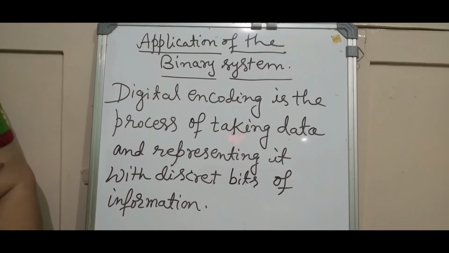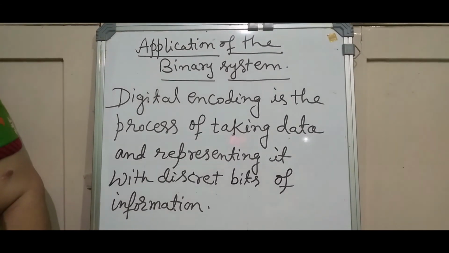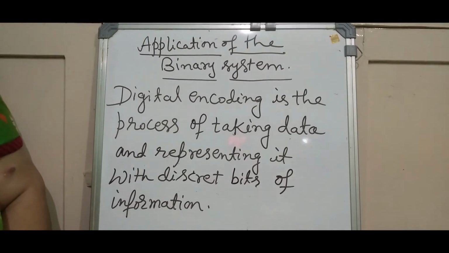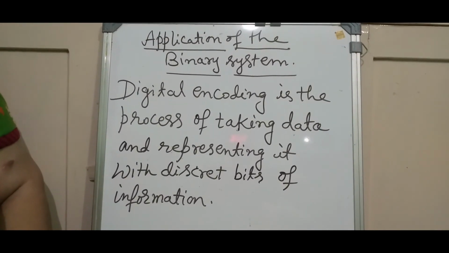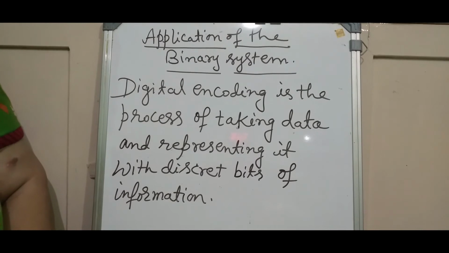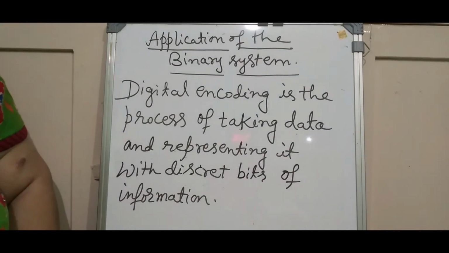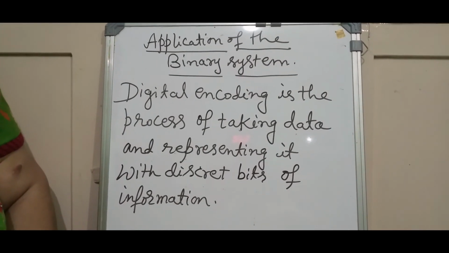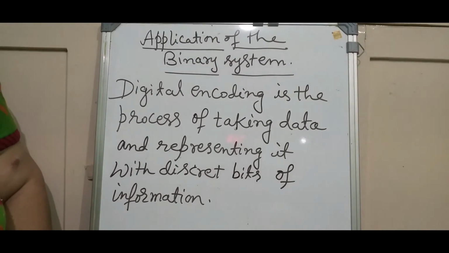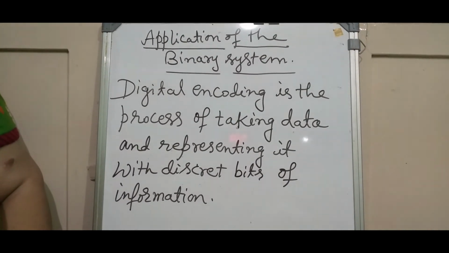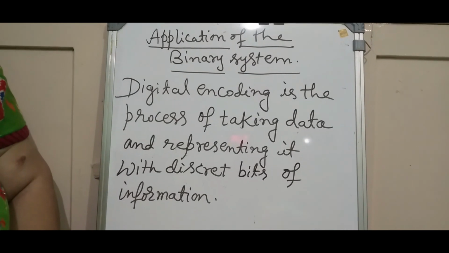Here, let me try to tell you about the application of the binary system. Application of the binary system is usually done in the computers, computer language, what we call. And here also, as I have mentioned from the beginning, the digits used are 0 and 1.